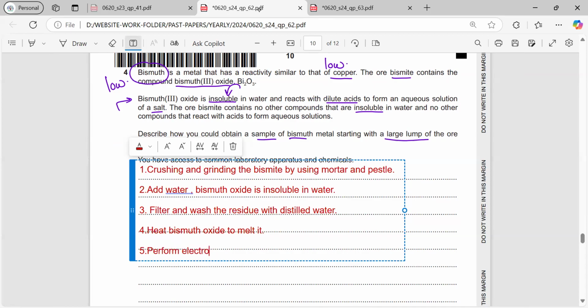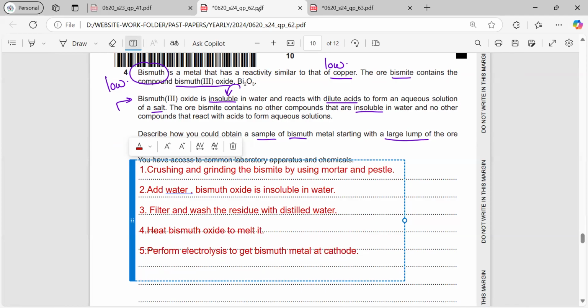Perform electrolysis to get bismuth metal at the cathode. Use inert electrodes, and inert electrodes will be graphite. Use inert graphite electrodes for it.